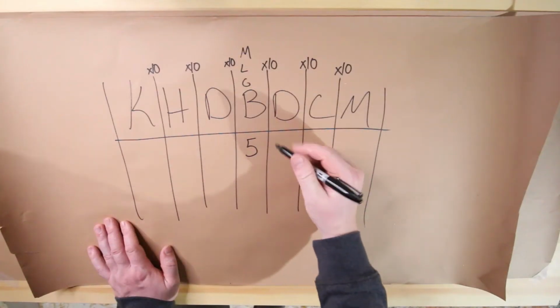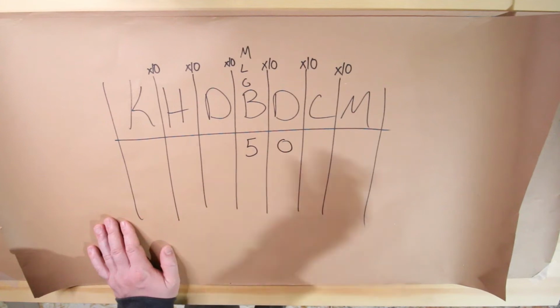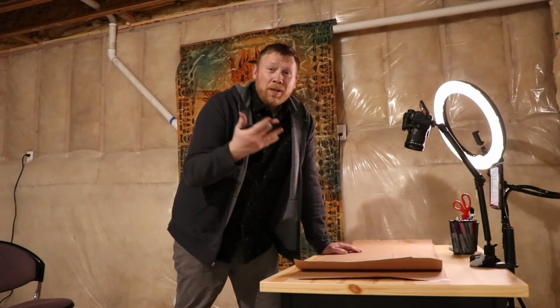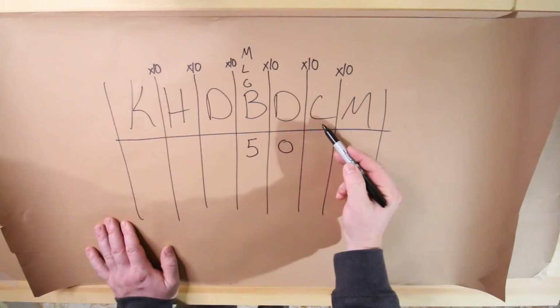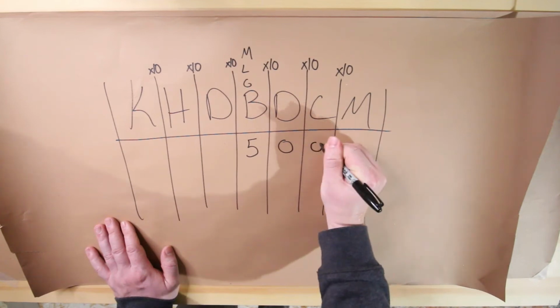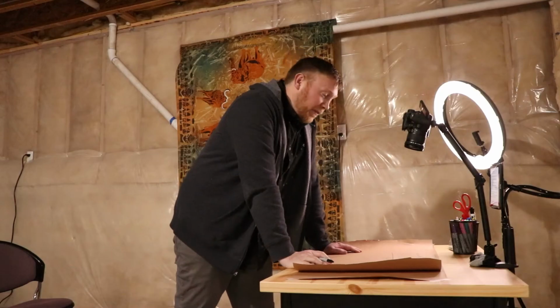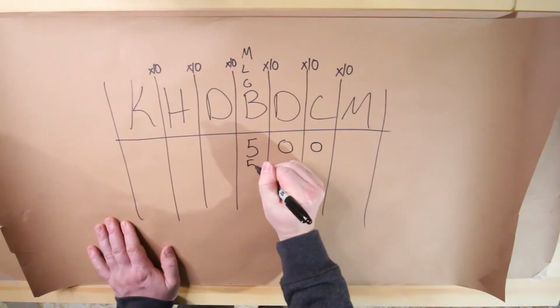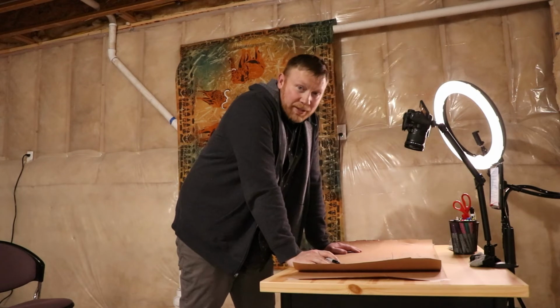So 5 times 10 is 50. So I'm just adding a 0 because it's base 10. Hopefully they know when you multiply by 10, you're really just adding that extra 0. And I need to move to the centimeters box, and then I'm just multiplying by 10 again. So 5 times 10 times 10 is 500. So 5 meters is equivalent or equal to 500 centimeters.